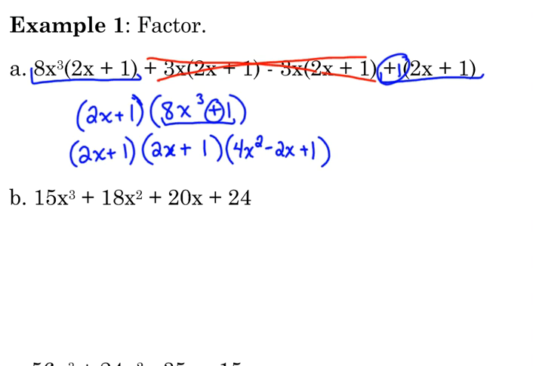But there is another way that we can write this. We have the same expression right there multiplied by itself. So a simpler way of writing it would be 2x plus 1 squared, because we have it times itself, that's squared, times the 4x squared minus 2x plus 1.